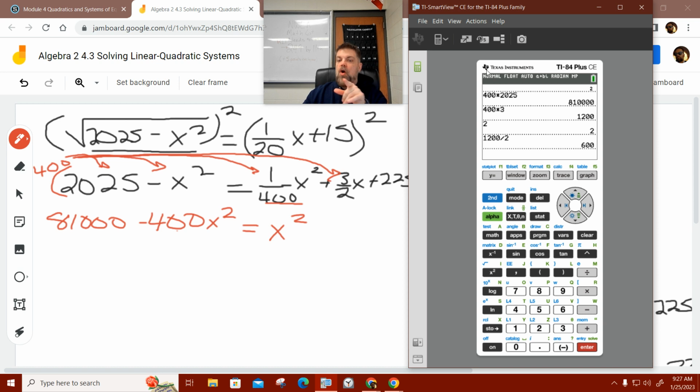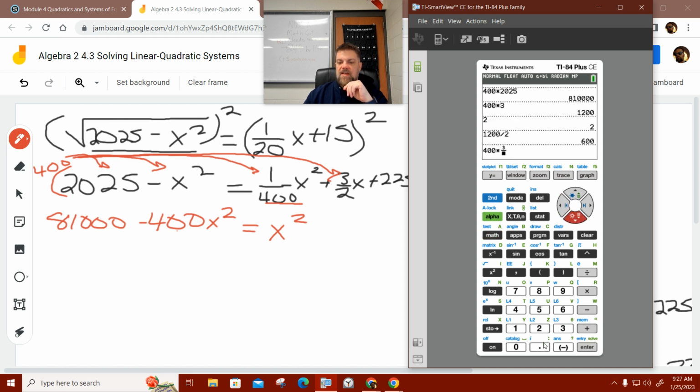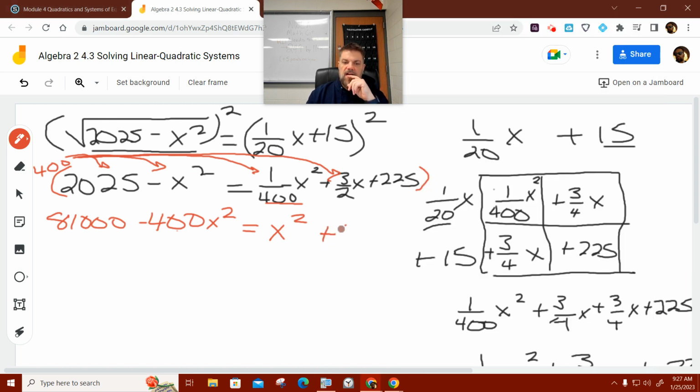So that's 600. Or you could simply just say 400 times and then put in the fraction, 3 over 2, and you'll get the same answer, which is 600. Okay. So this becomes a positive 600x, and then I wish I could slide that over.